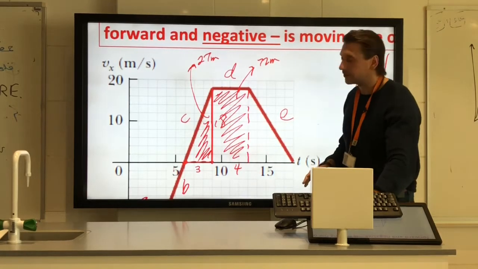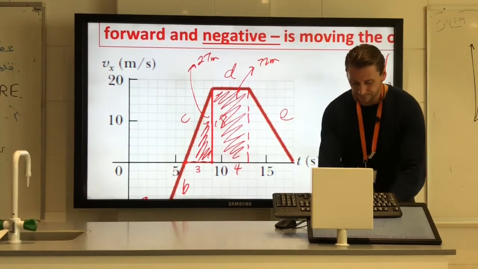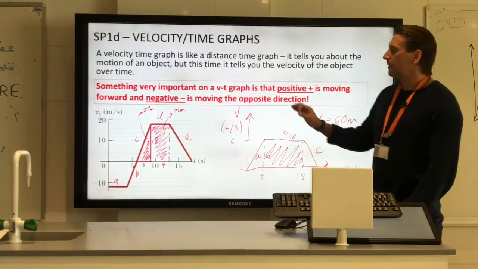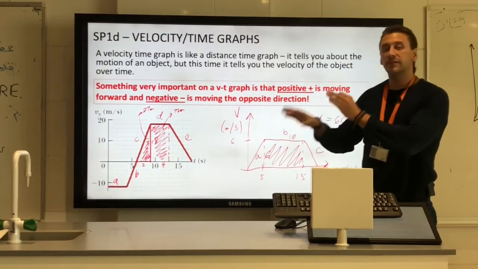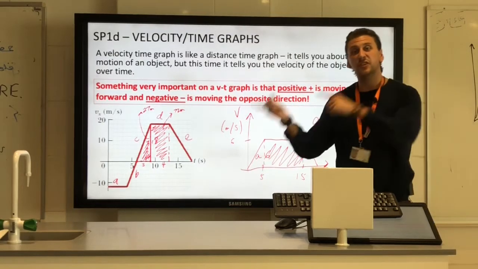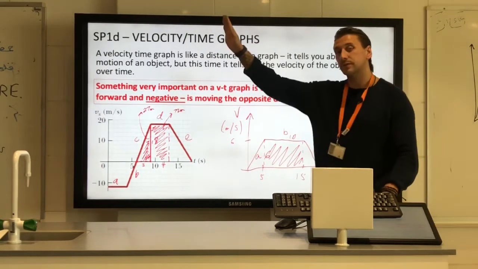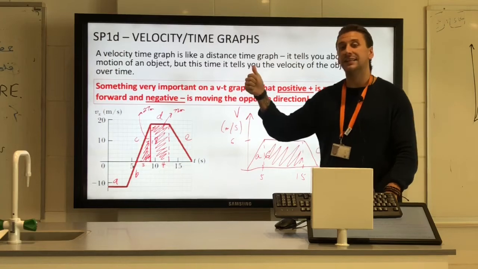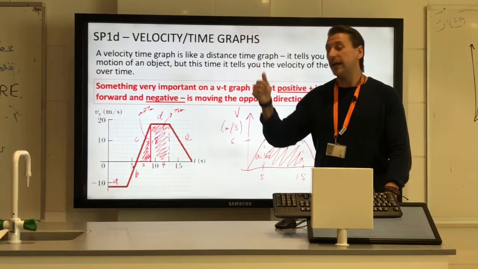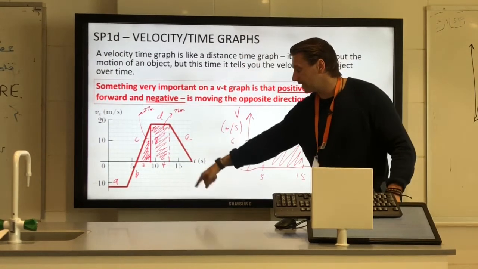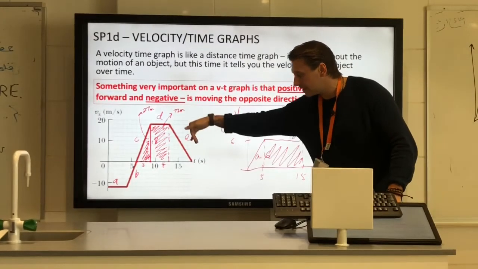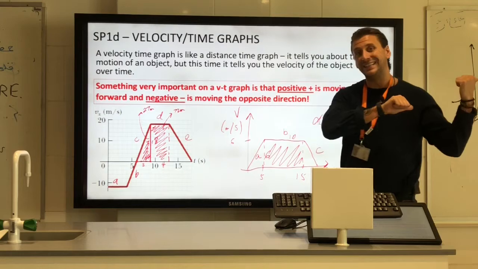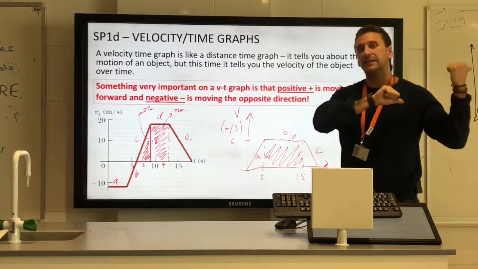Okay, so quick summary, velocity time graphs. We've had a look at a couple. Constant velocity. If they're in positive and negative, it means direction changes. If they are sloped, it means they're accelerating, speeding up. Even if they were coming down here, accelerating from 0 to 12, let's say, that would be speeding up in that direction.